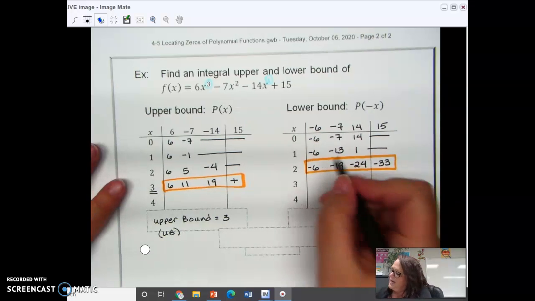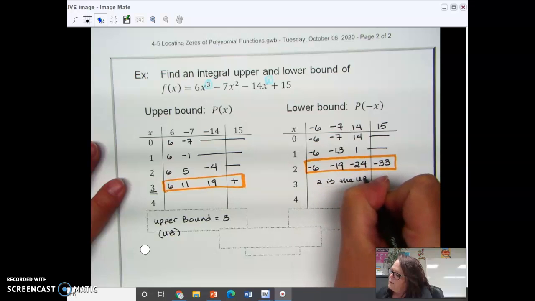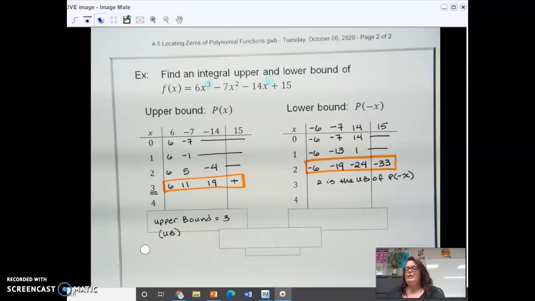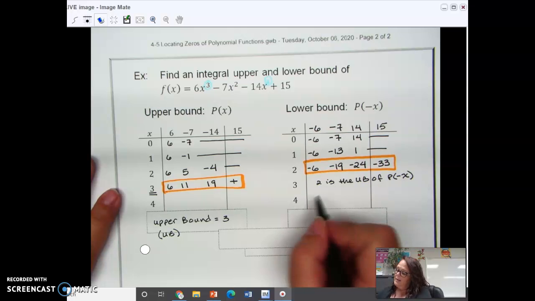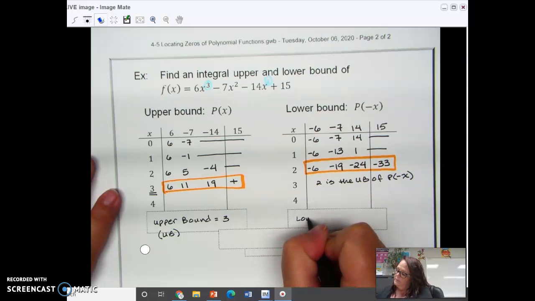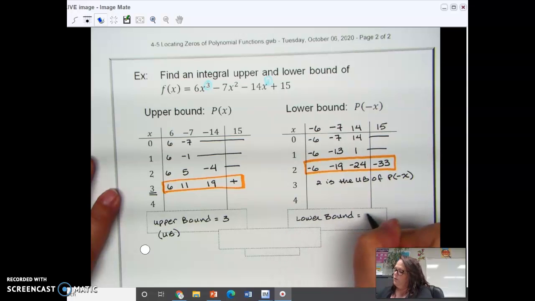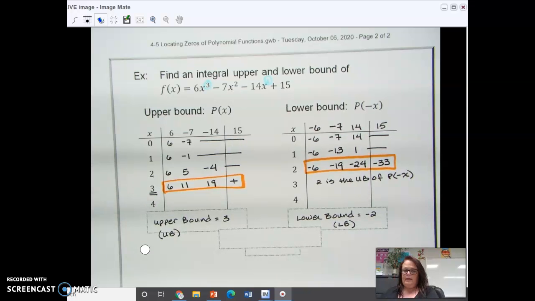So that means that 2 is the upper bound of p of negative x. And so what the definition said for lower bound is, if 2 is the upper bound for p of negative x, then the lower bound is the opposite of 2. So the lower bound is going to be negative 2, or we'll call that the LB. Okay?